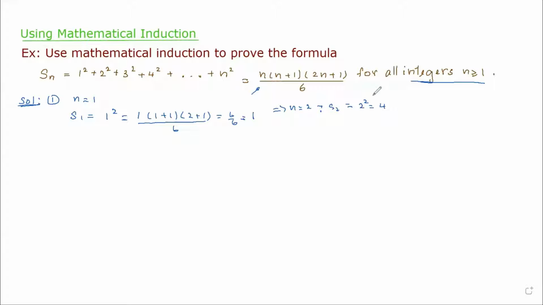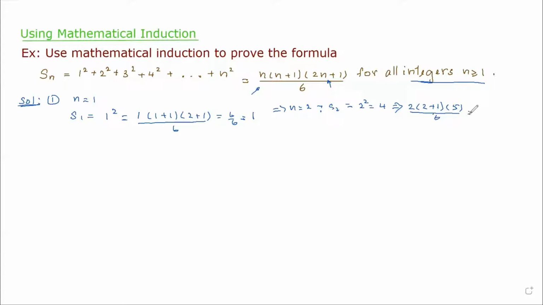Then you replace n with 2 in the formula: we have 2 plus 1, and 2 times 2 becomes 4, 4 plus 1 becomes 5. Replace n with 2 here.